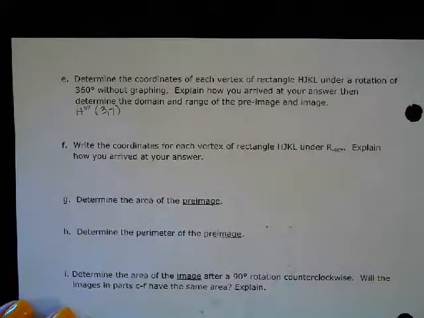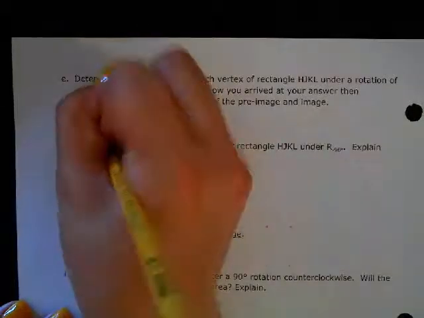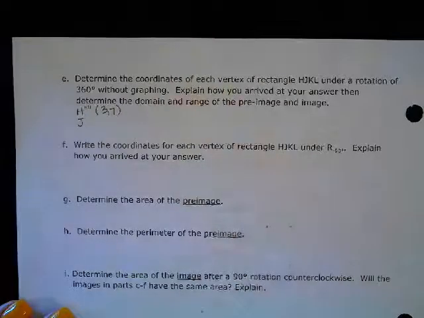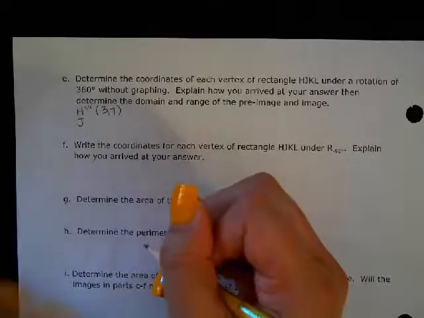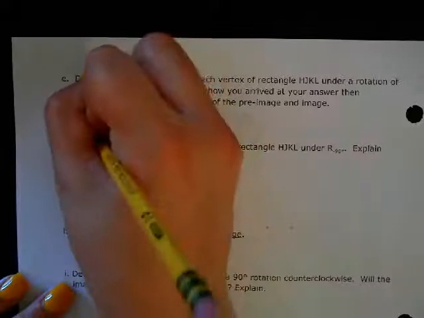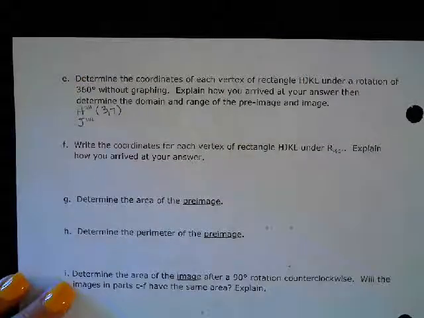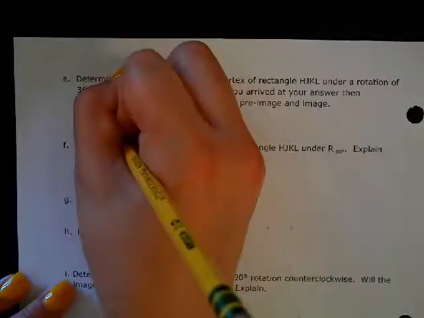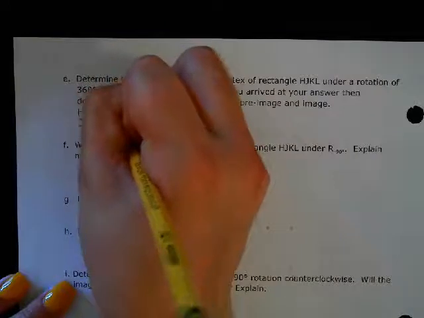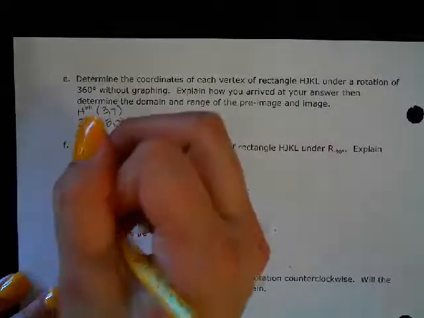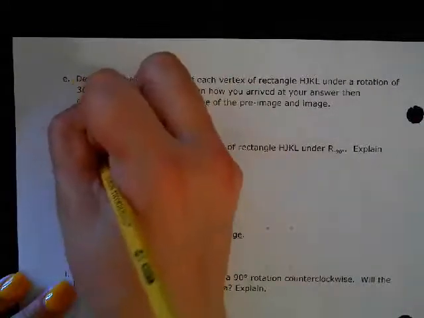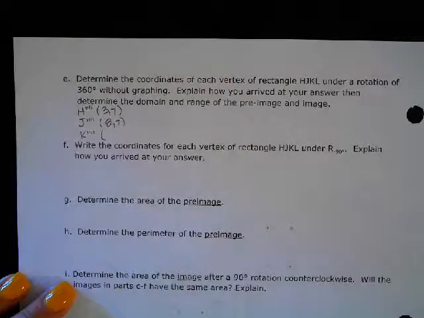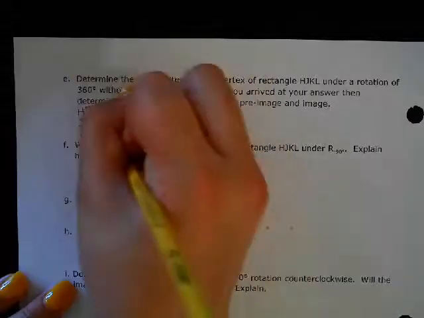I should have Googled this ahead of time, but I didn't. The J would be the same, which is 8, 7. Making you guys flip your papers. That's right, we're getting to work now. K would be 8, 4. L would be 3, 4.